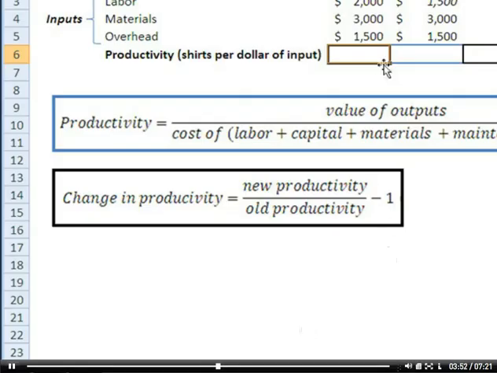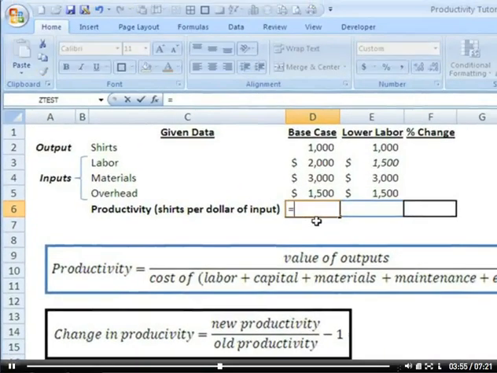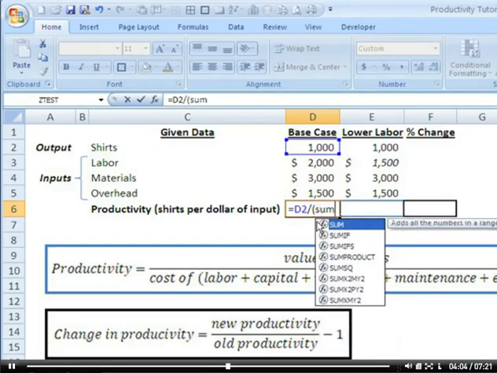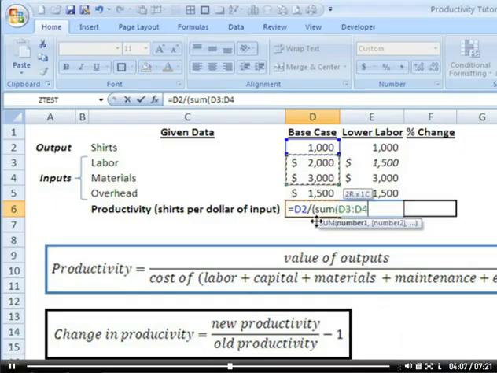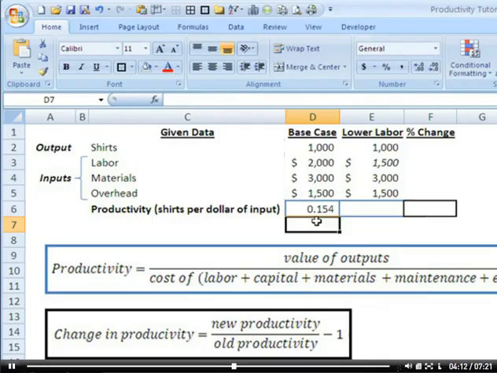And so to compute this, we would simply take the value of the outputs, and again, we're just talking in terms of units, and we divide that by the sum of the value of the inputs. And so we'll take the sum of labor, materials, and overhead, and that gives us 0.154. What that tells us is for every dollar of input, we're able to produce 0.154 shirts. So that means it would take about $6 of input to produce a shirt.